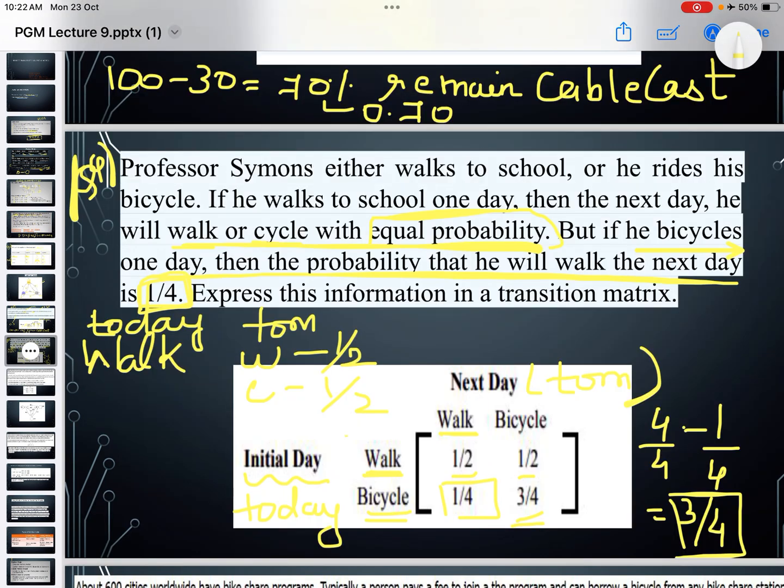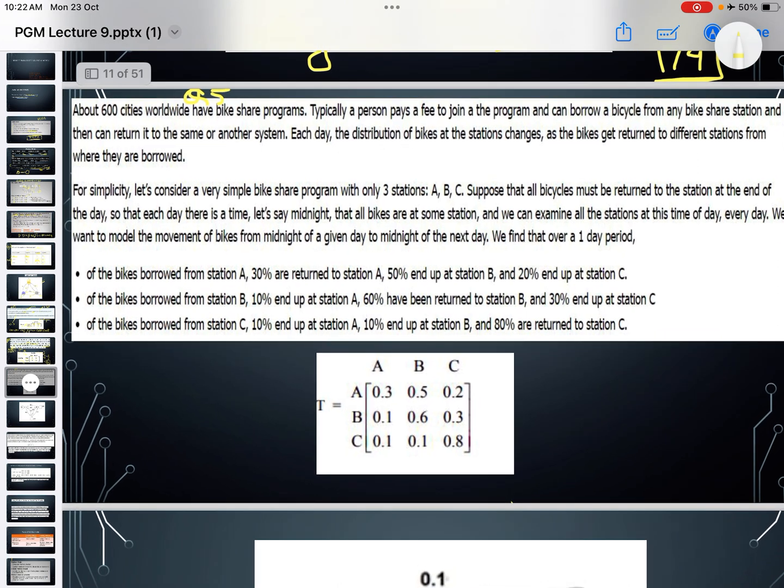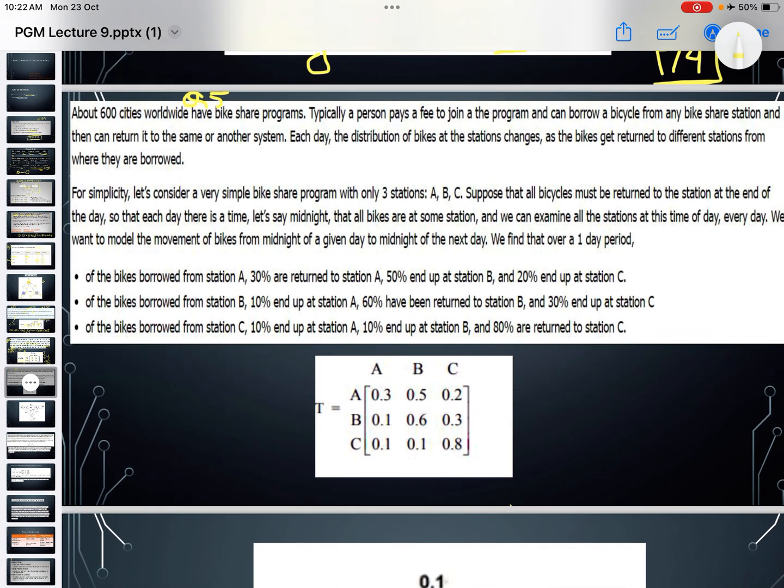Next question is question number 5. Over 600 cities worldwide have bike share programs. Typically, a person pays a fee to join a program and can borrow a bicycle from any bike share station and can return it on the same or another day.